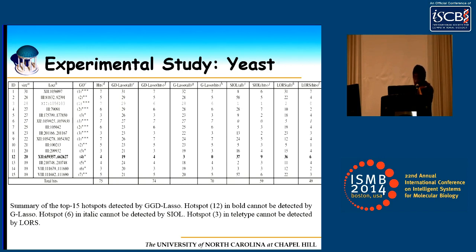Here, in the third column, 1 star means that the p-value is smaller than 10 to the minus 3, and 2 stars means that the p-value is smaller than 10 to the minus 5. And 3 stars is even smaller. So we will see that all those 15 hotspots detected can be significantly enriched.